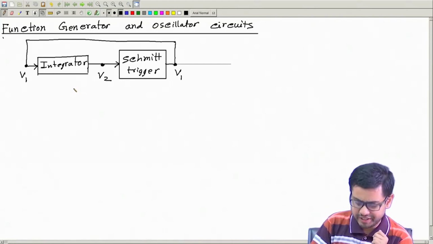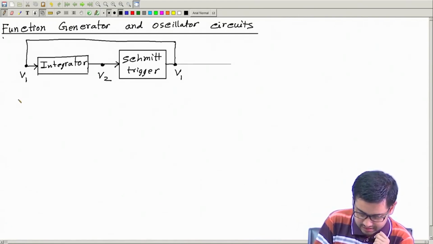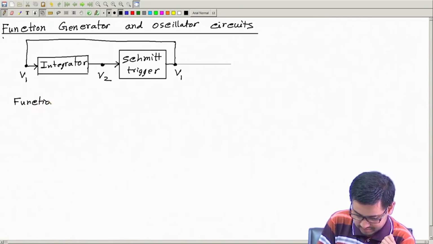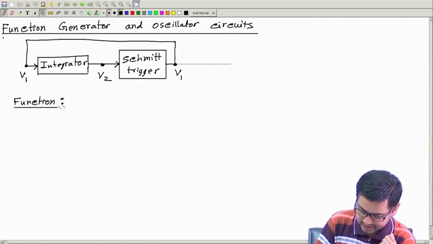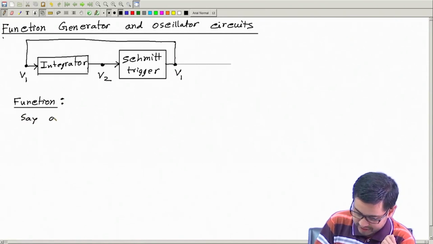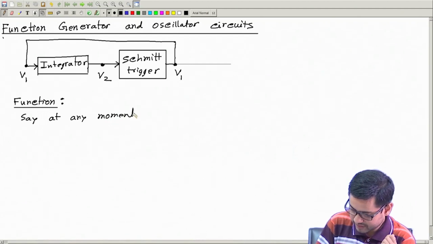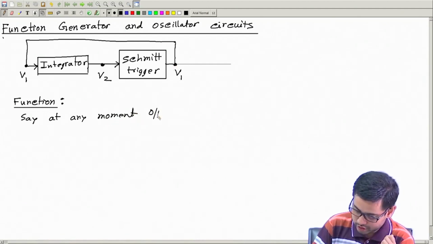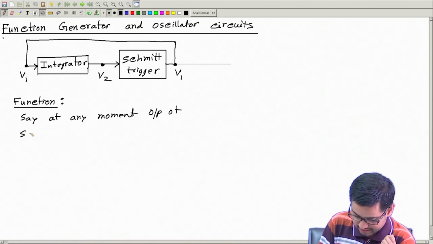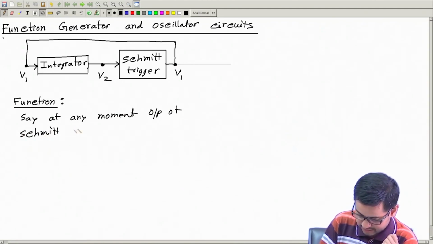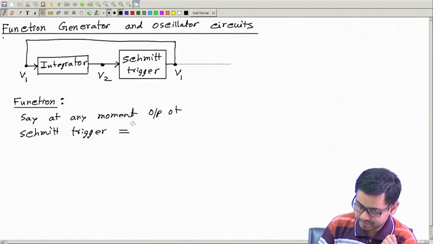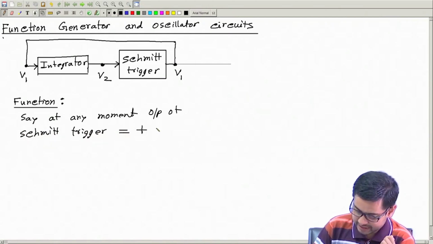Let me repeat how the function generator works. Say at any moment the output of the Schmitt trigger is equal to plus V supply.